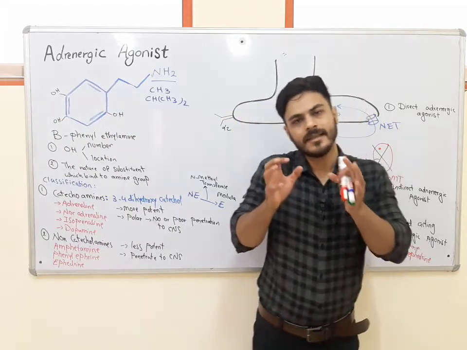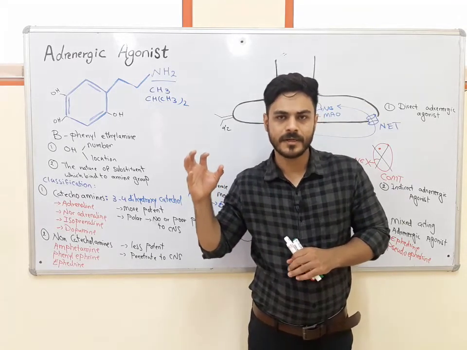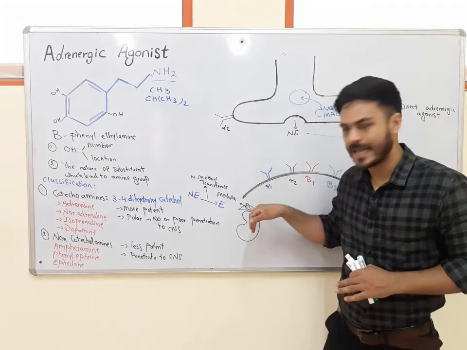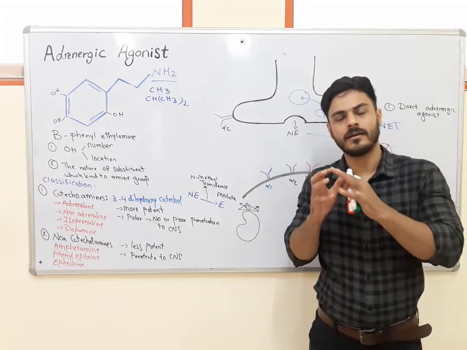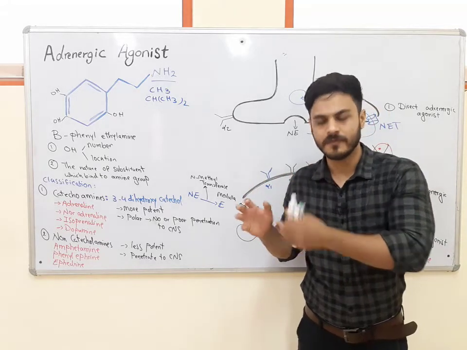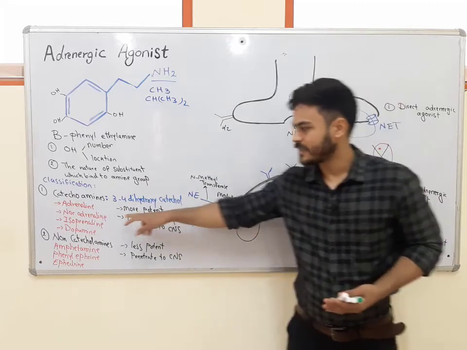When we activate the sympathetic nervous system, sympathetic nervous fibers innervate the adrenal gland, and those fibers cause the release of 80% adrenaline and 20% noradrenaline.